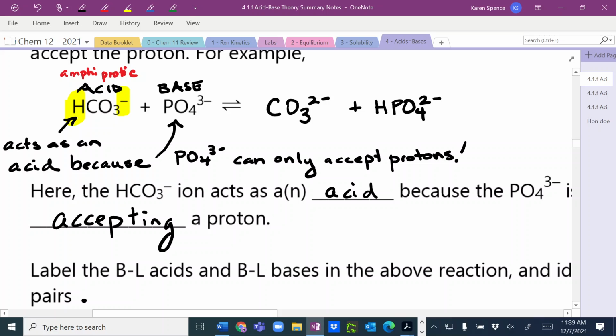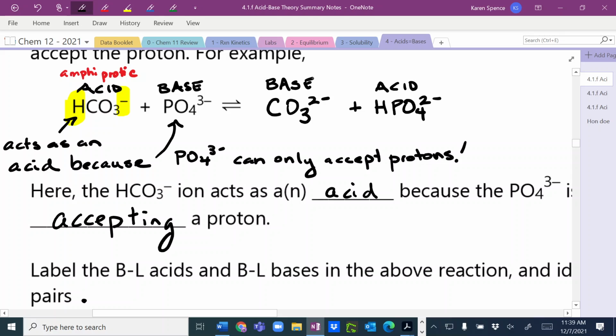Who's our acid in the reverse reaction? HPO4, it has to be, right? It's the only one that has a hydrogen. And an acid has to have a hydrogen to donate. CO3 does not have a hydrogen to donate. So this is our acid in the reverse direction. And that means that CO3 2- is the base.